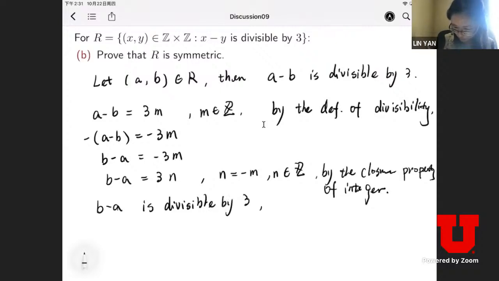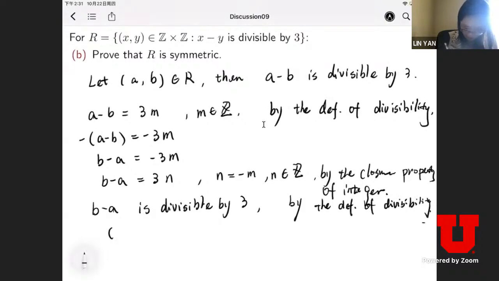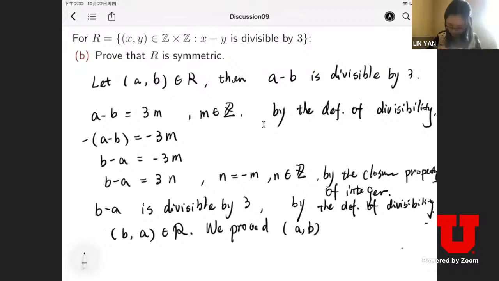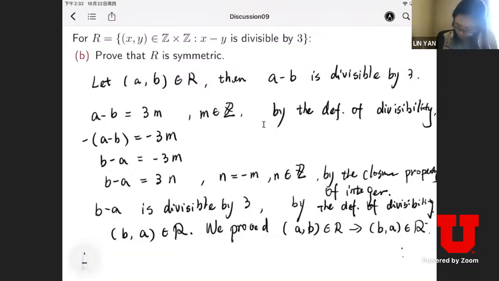This is by the definition of divisibility. Then we have (b,a) in R. So we proved if (a,b) is in R then (b,a) is in R. So the relation is symmetric.